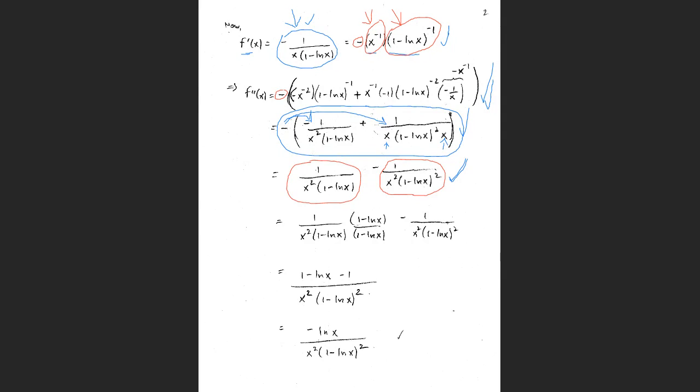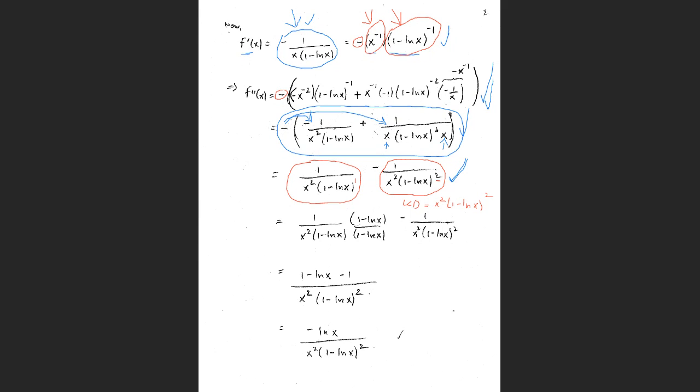So, LCD. That's right, Joe. It's x squared times 1 minus log of x quantity squared. See, the 1 minus the log of x, you got to have a square there because that's the highest power. You have a power of 1 here, but you have a square there.